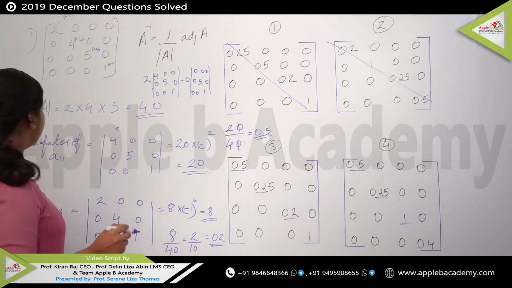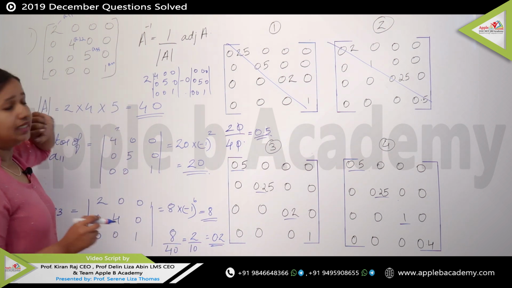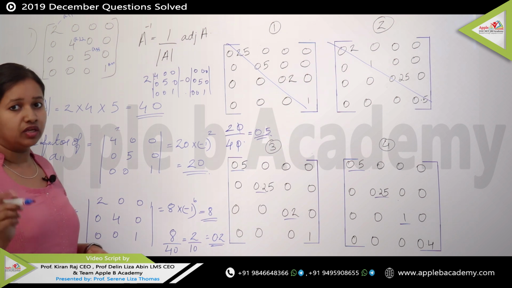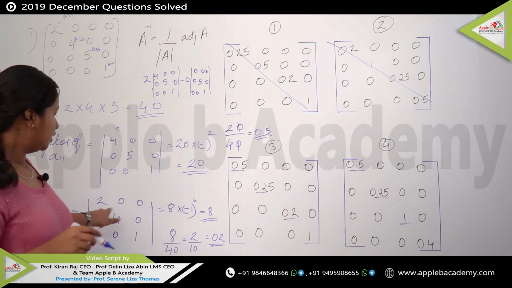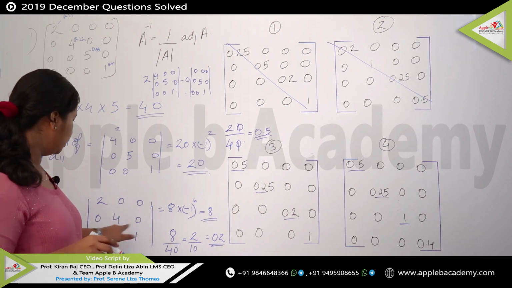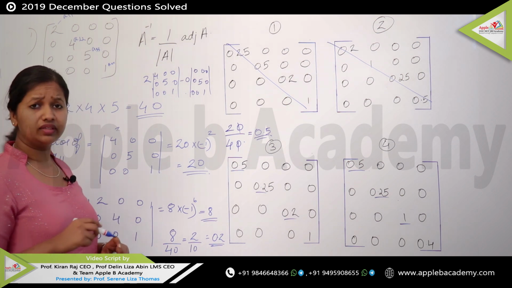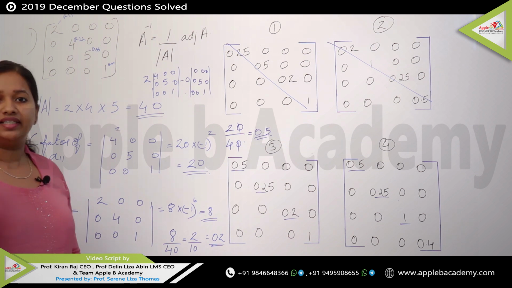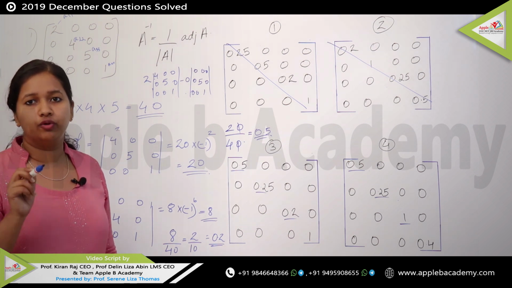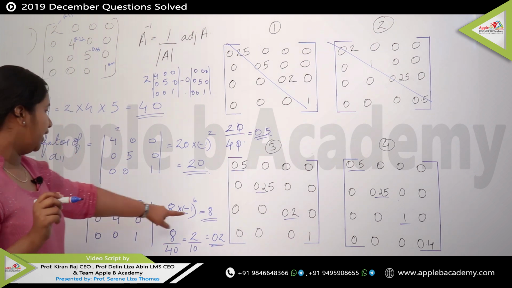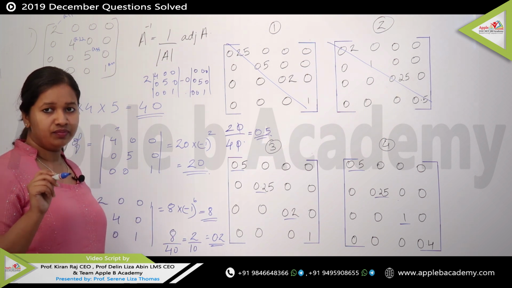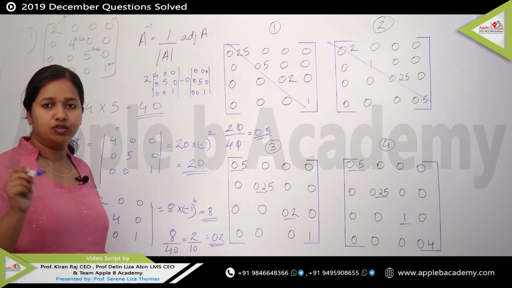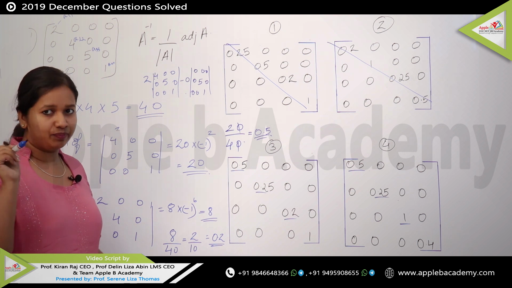Taking A33, deleting the corresponding row and column, you get a matrix 2 0 0, 0 4 0, 0 0 1, and the determinant of that matrix is the product of the diagonal elements, which is 2 into 4 into 1, you get 8. So 8 is the minor and the cofactor is 8 into minus 1 raised to i plus j.